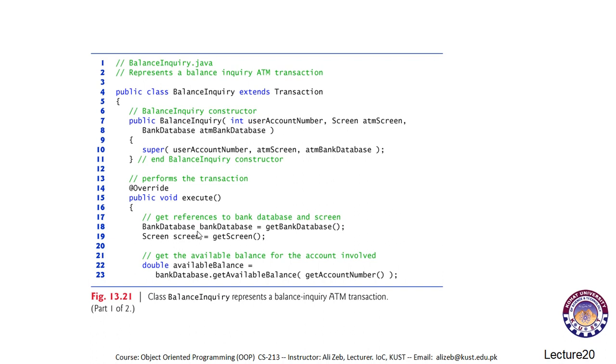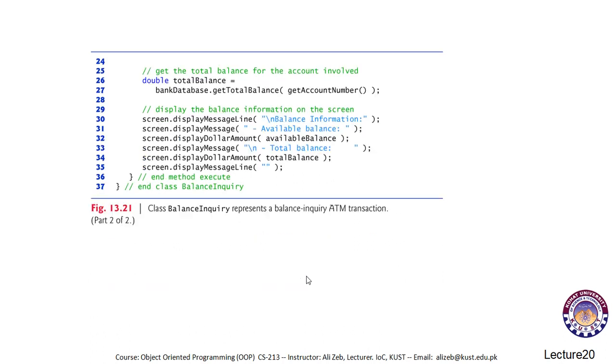So the execute method initializes an object of the bank database and an object of the screen class through the public methods of the Transaction class. You can see these methods have been declared in the superclass, and it returns the available balance to the user, and that is what this class is supposed to do.